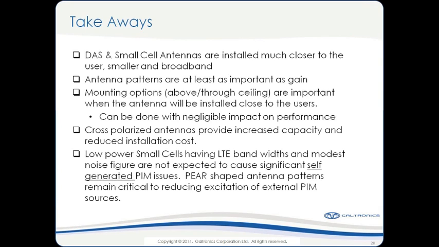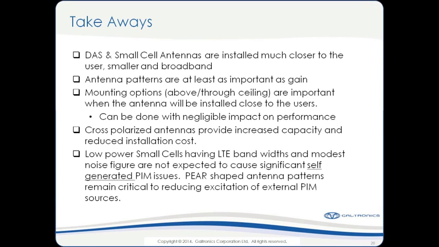They'll have larger beam widths. Next, the antenna patterns are at least as important as antenna gain. So when you're looking at data sheets and choosing a particular antenna for your project or application, the shape of the pattern should be your primary concern, and then the gain of the antenna maybe should be considered second.